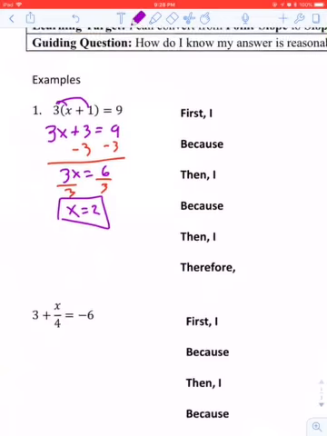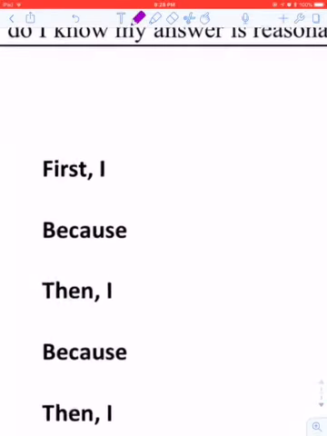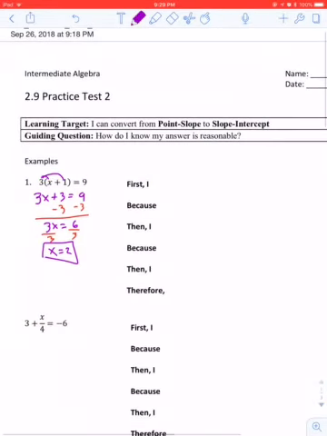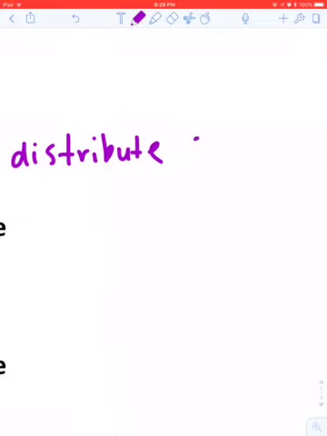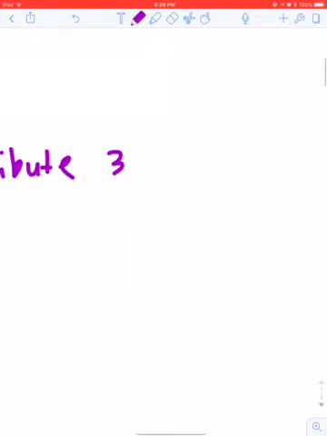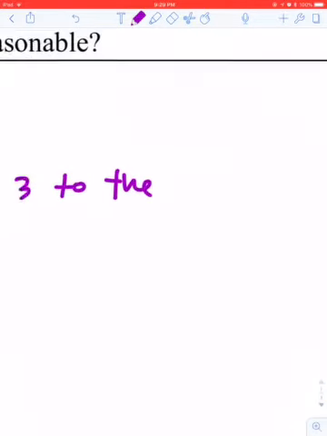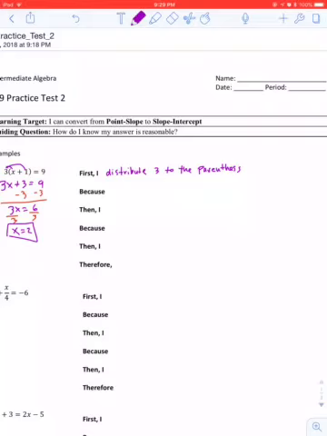So on this right side, I want you to actually verbalize what you did, whether you want to type or write. So I'm going to say first, what I did was I distribute the 3 to the parentheses. That's the first thing I did.